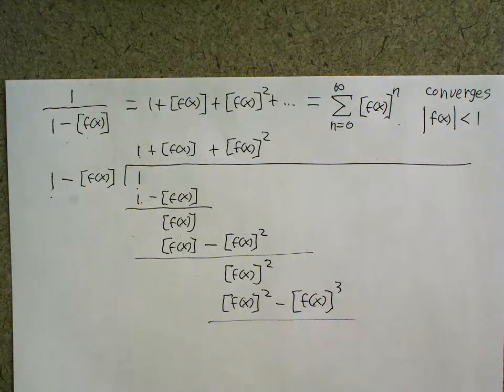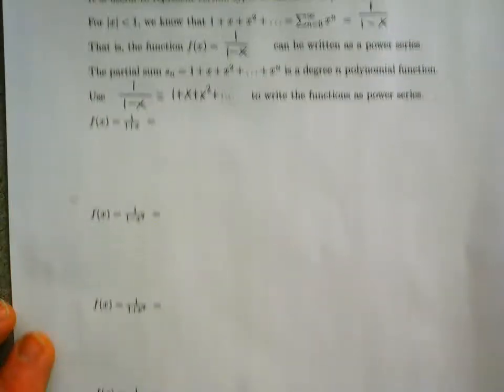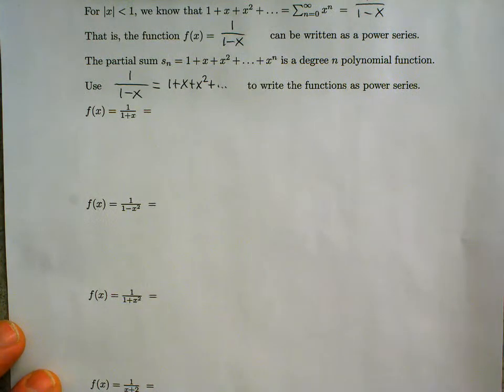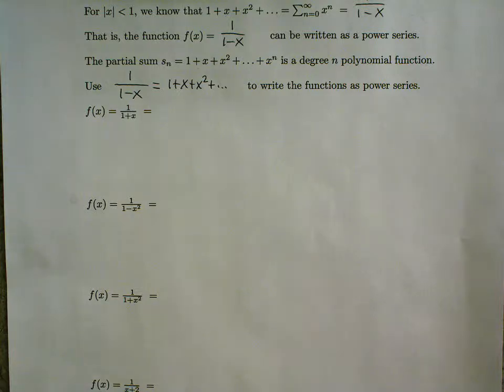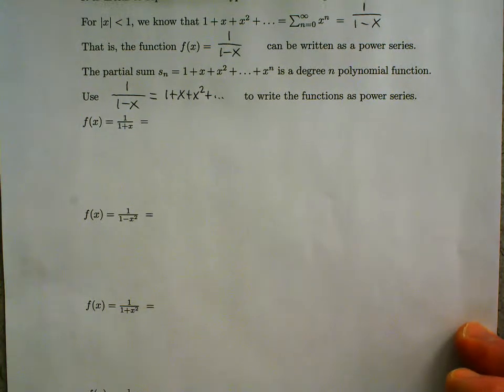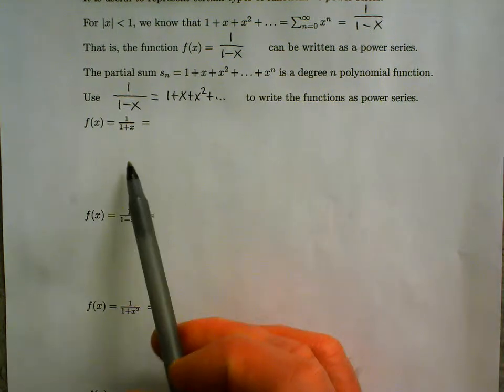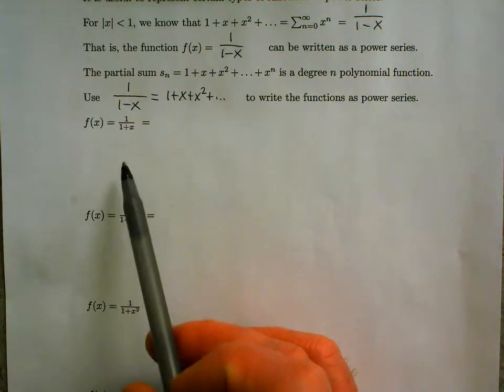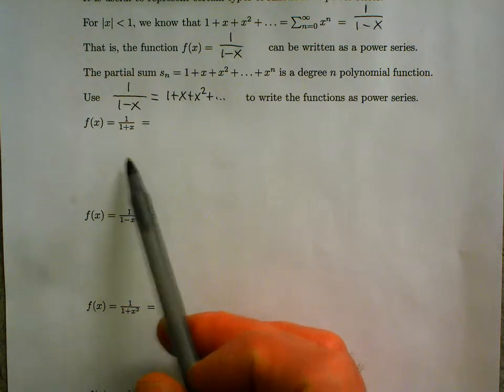So that's the idea that we're going to employ to find power series for certain functions. And in some cases, we might need to do a little bit of rearranging. Maybe rearranging isn't the best term, but a little bit of altering without changing the function.